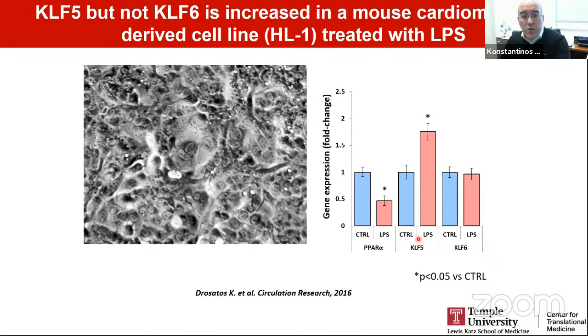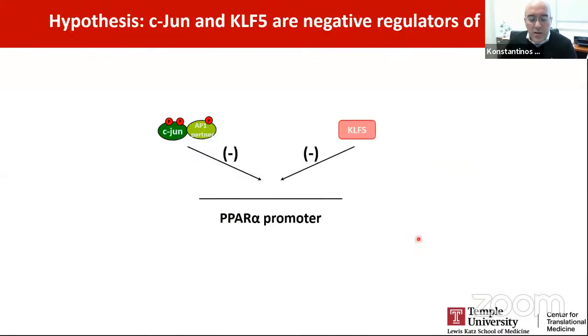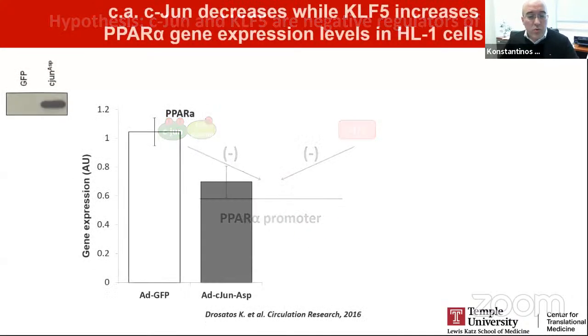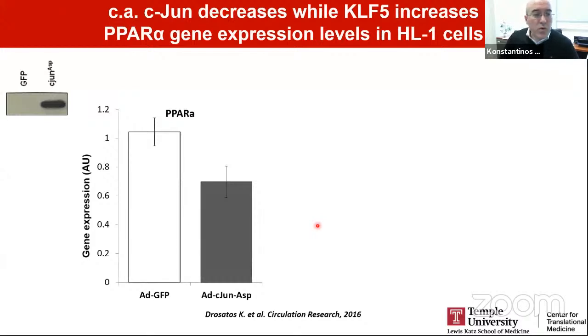So we decided to focus on KLF5, and the initial hypothesis was that KLF5 and c-Jun probably interact with each other, either physically or functionally, and suppress the expression of the PPAR alpha promoter. To confirm this, we generated an adenovirus that expresses a constitutively active form of c-Jun, meaning a mutant c-Jun form which does not need to be phosphorylated in order to be active.